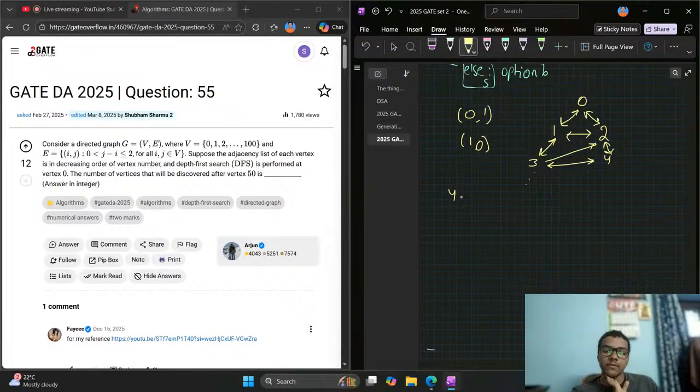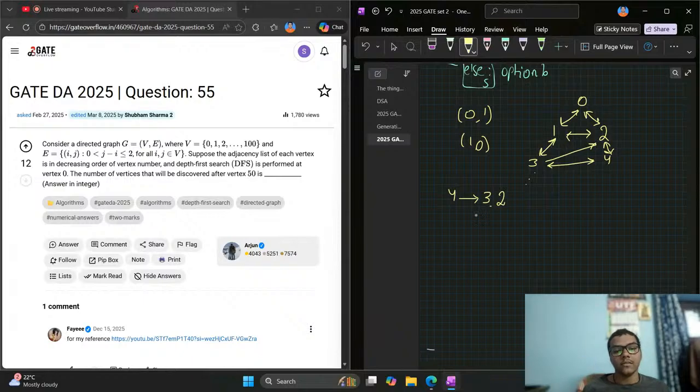So 4 is connected to 3 and 2, that's it, right? Something like that.